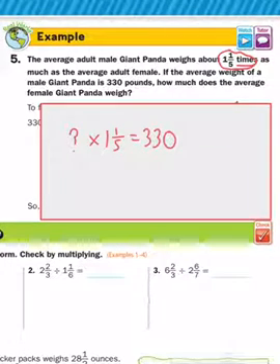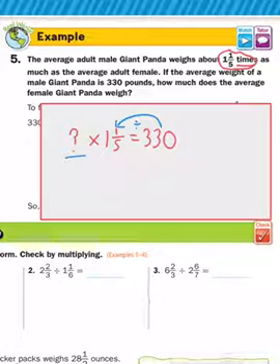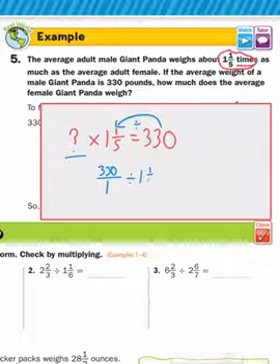Now, since we have to figure out what times 1 1/5 equals 330, we figure that out by using inverse operations. So we're going to do 330 divided by 1 1/5. So that's why it's a division problem. So I'm going to start with 330 over 1 divided by 1 1/5.